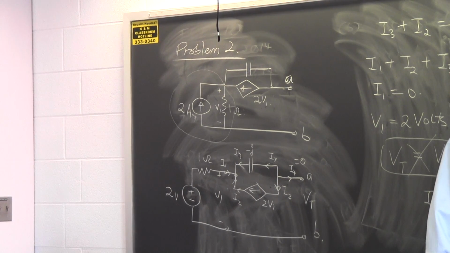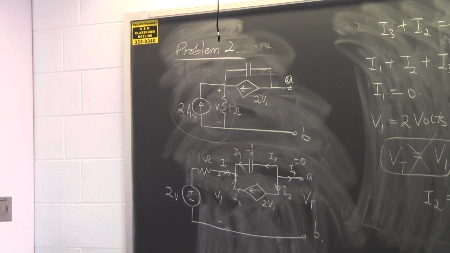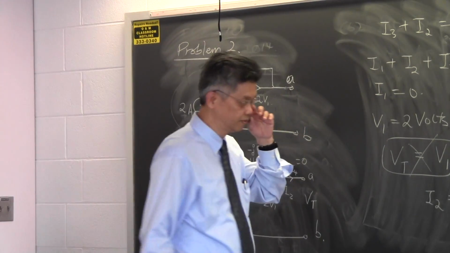But I2 and I3 are equal and opposite to each other. So I have VT equals V1, which is 2 volts, plus J times I3, but I3 is given to be minus I2, so this would be equal to 2 minus J4. Let me say, I have a sign error somewhere.